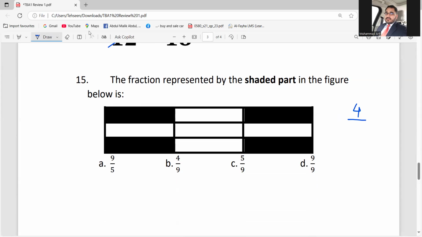So we count all these blocks: 1, 2, 3, 4, 5, 6, 7, 8, 9. Total 9 parts. Okay. That is 4 by 9, and 4 by 9 is in B. B is the correct option.